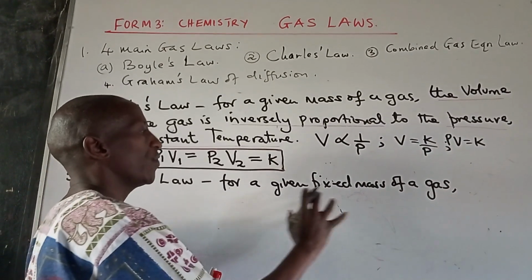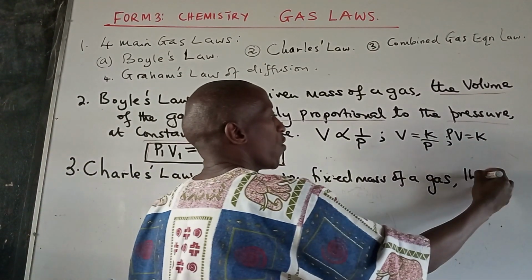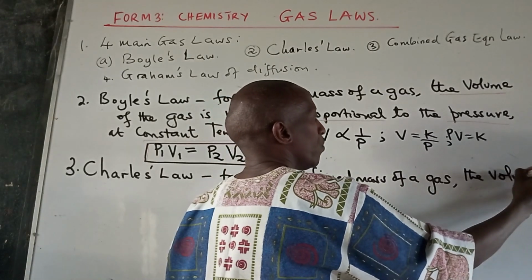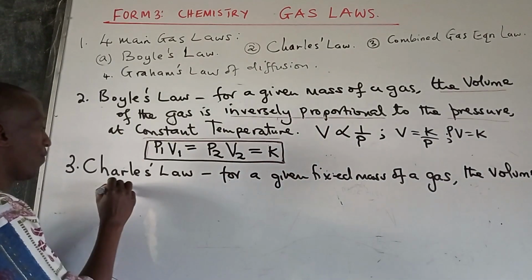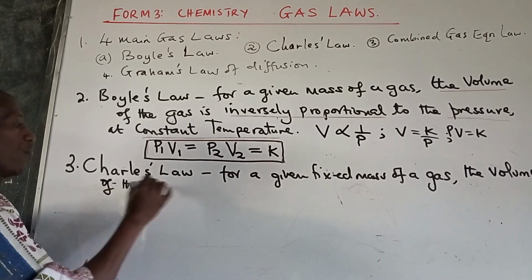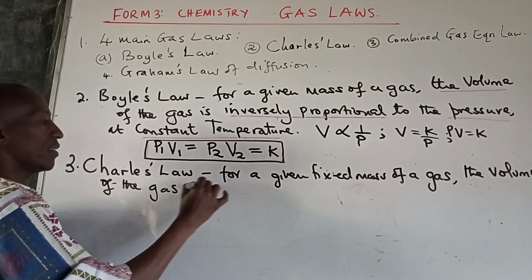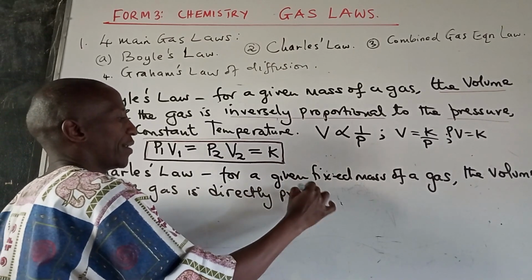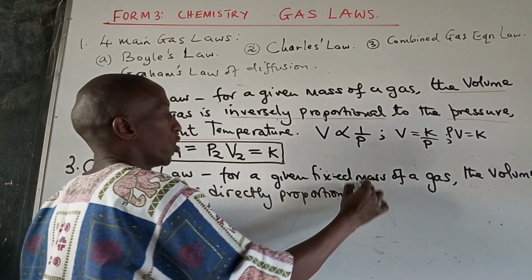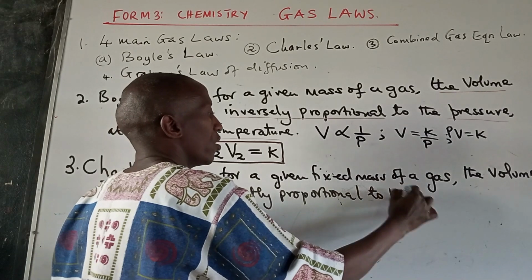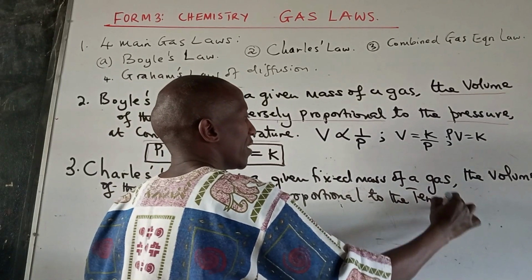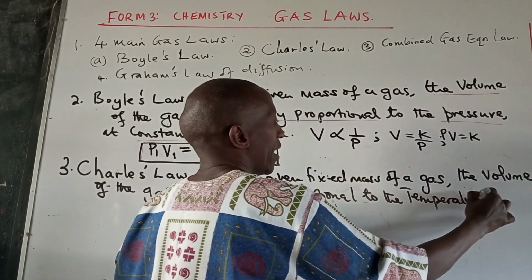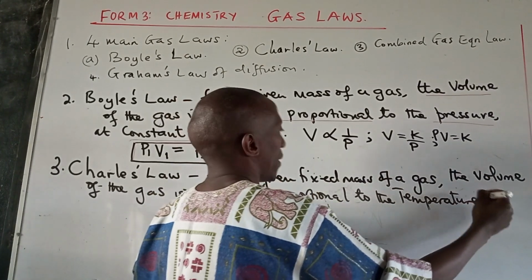So we find that for a given mass of a gas, the volume of the gas is directly proportional to the temperature, at constant pressure.